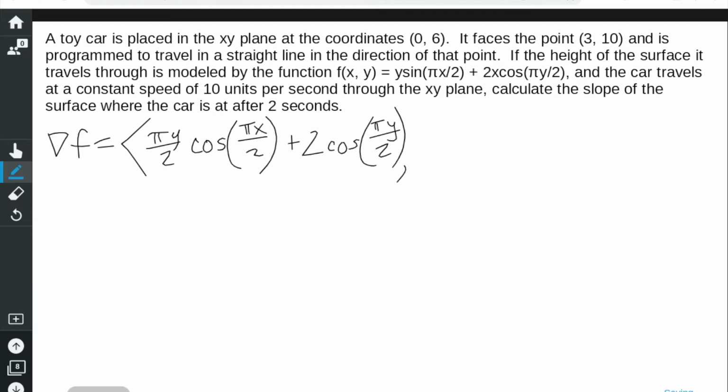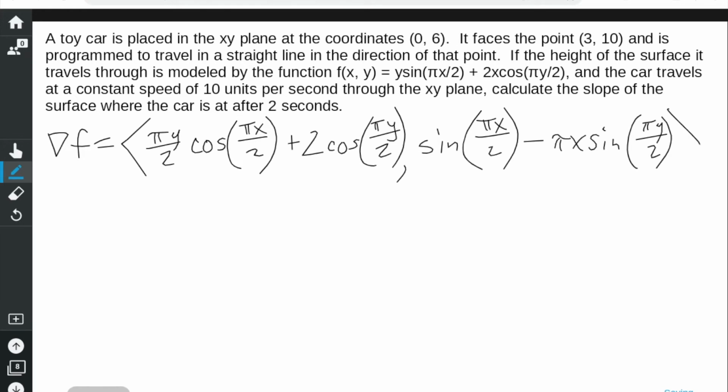For the y-coordinate, we have the sine of pi x over 2, and the derivative of cosine is negative, so I put a negative there. We have pi halves times 2x, so we end up with just pi x times the sine of pi y over 2. That might take students a little while to wrestle with all the trig and a bit of chain rule, but I think they'd be fine. So we find our gradient.